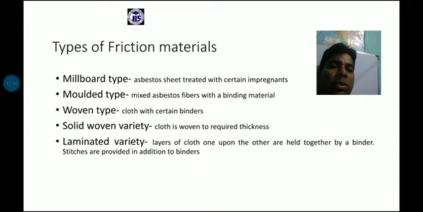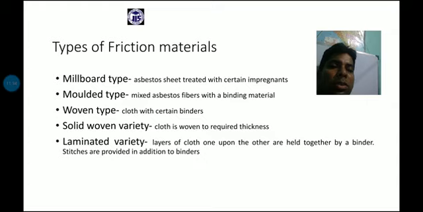Next, we apply the two theories. The first is the uniform pressure theory, where T is equal to (n minus 1) into 2/3 of mu W into (ro cube minus ri cube) whole by (ro square minus ri square). The second is the uniform wear theory, which is also a simple equation: T is equal to (n minus 1) into mu W into (ri plus ro) by 2.